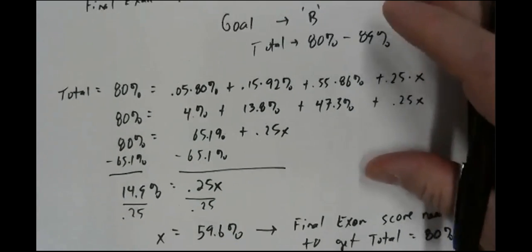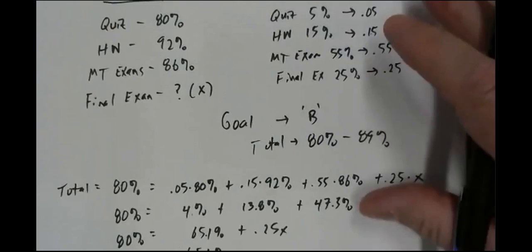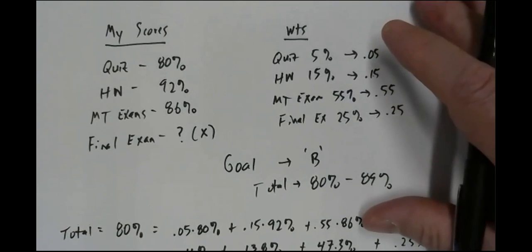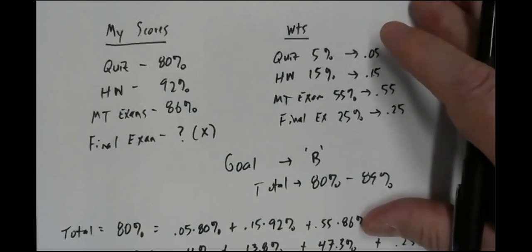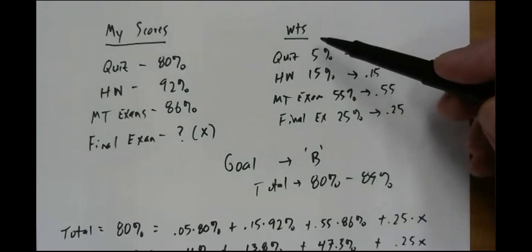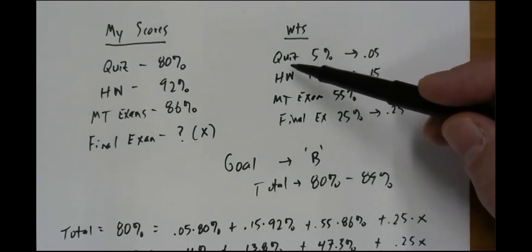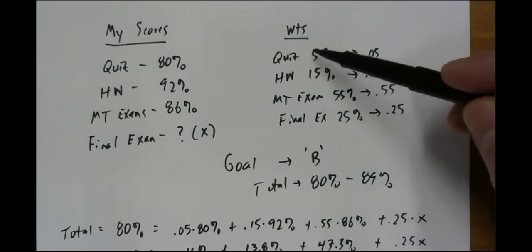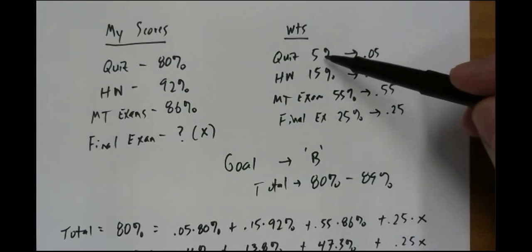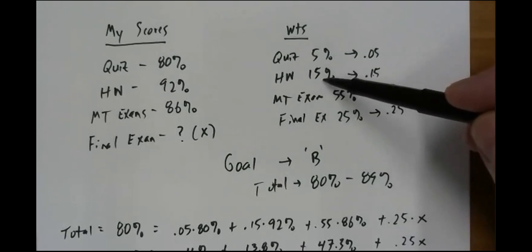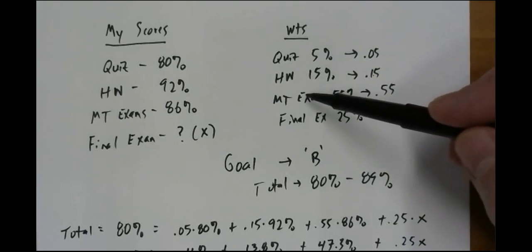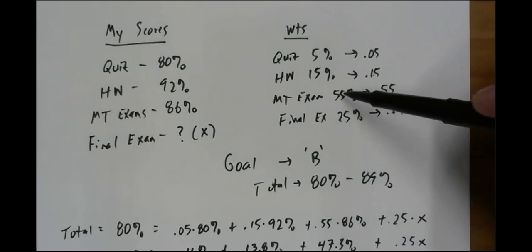So hopefully this explains sort of how weighted grades work. And really the key for weighted grades are these weightings. This shows you the impact each category has on your grade. Quizzes have very little impact. Homework, 15%, that's so-so. Midterm exams, over half your overall grade is determined by your midterm exams.